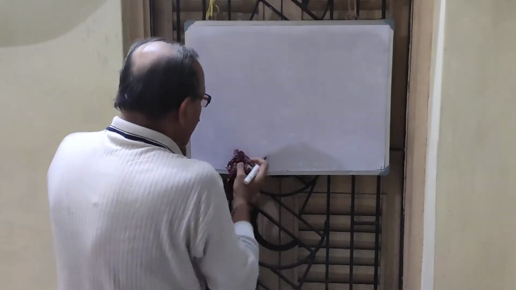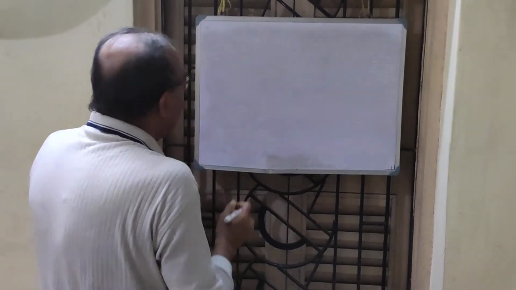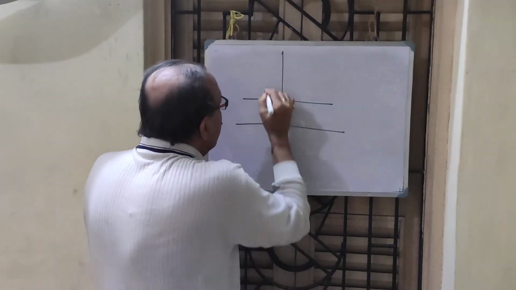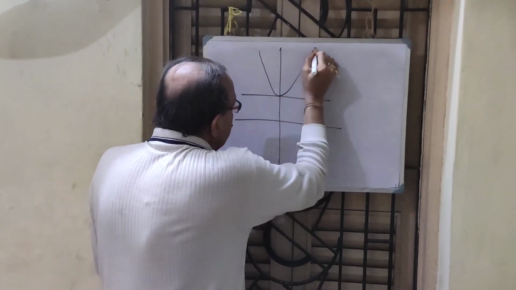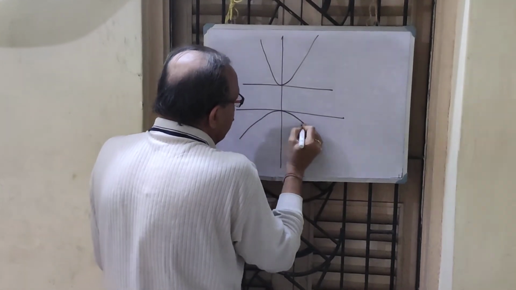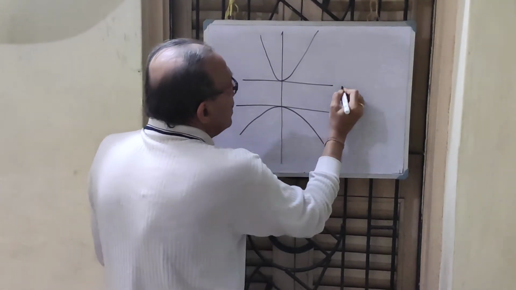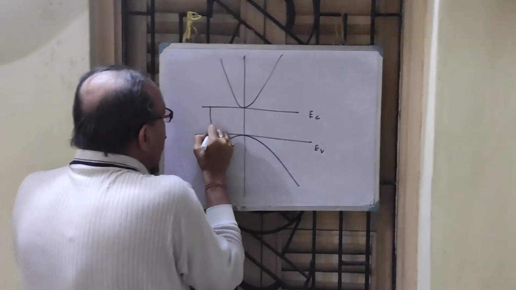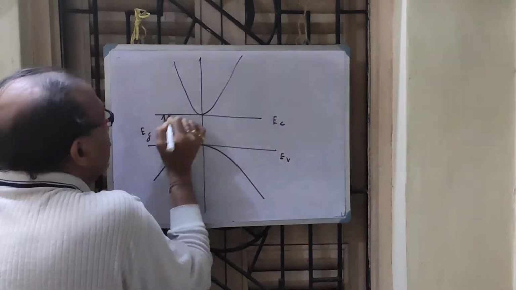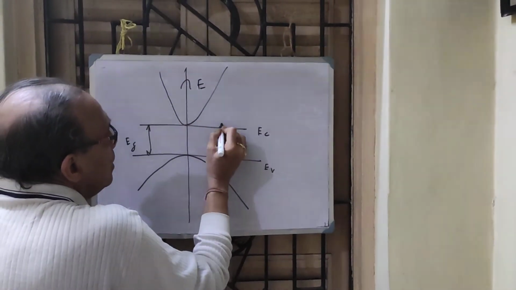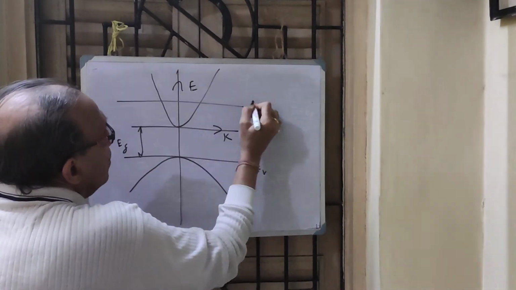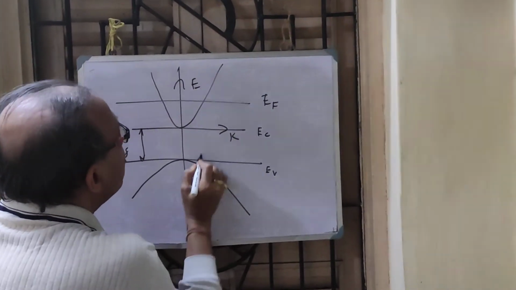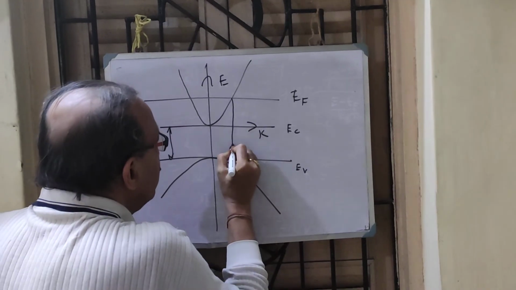Excluding this, one very important thing is the Burstein-Moss shift. This is important, and with this I will try to complete everything. The Burstein-Moss shift is very simple. This is EC, this is EV, this is EG, this is E, this is K, this is F. One hole here will go to the Fermi energy.